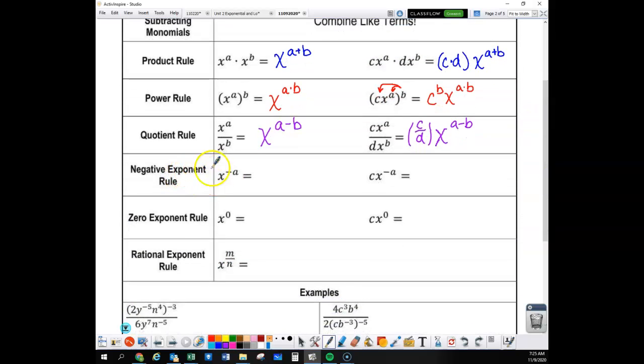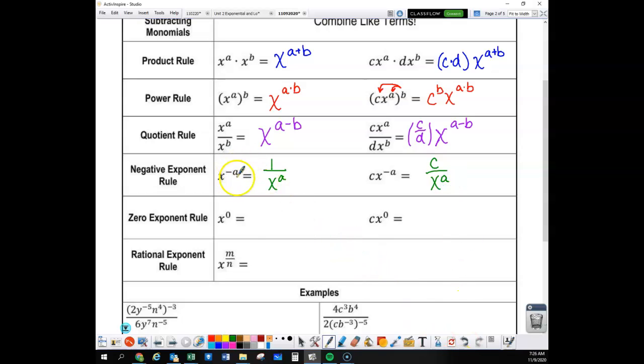Let's do the negative exponent rule first. If I have x to the negative a, that's going to be 1 over x to the power of a. So to get rid of the negative exponent, you put it in the denominator. And over here, if you have a coefficient, you're going to leave that coefficient in the numerator and still use that x to the power of a.